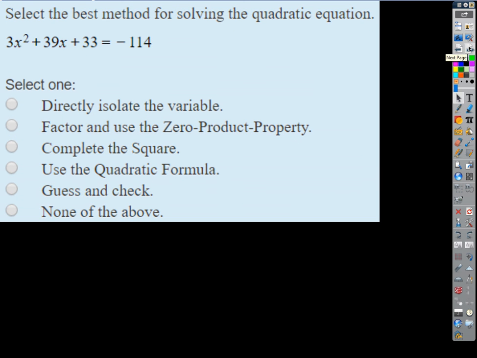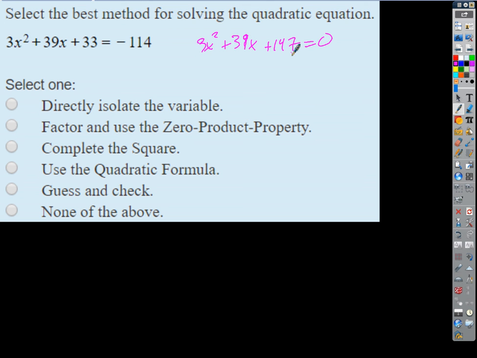Okay, this guy, if we were to quickly put this in standard form, add 114 to both sides, everybody agree? I'd get 3x squared plus 39x plus 147. Can I divide both sides by something? 3 would be the only possibility.